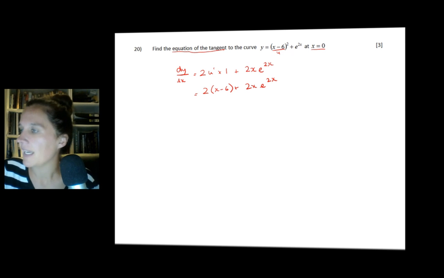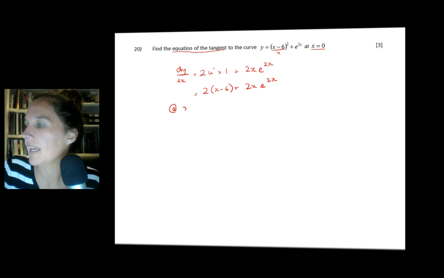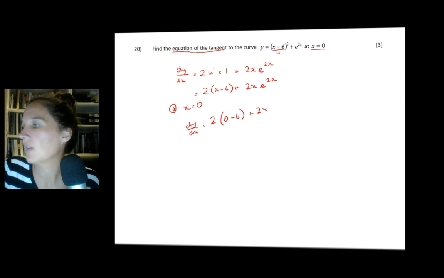So this is here, and we're at x is equal to 0. At x is equal to 0, our dy on dx here is equal to 2 times 0 minus 6, plus 2 times 0 e to the power of 2 times 0. So here we've got this 0 term that's going to end up being 0, and here we've got minus 6 times 2 is minus 12.